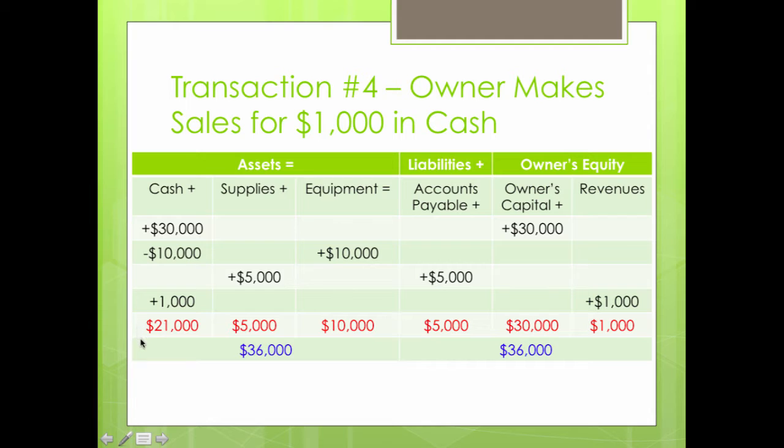The money is coming into the business, so we add this as a plus $1,000 in the cash account. And then we also add it into our revenues account as a positive $1,000 to record that we have sold $1,000 worth of services or goods.